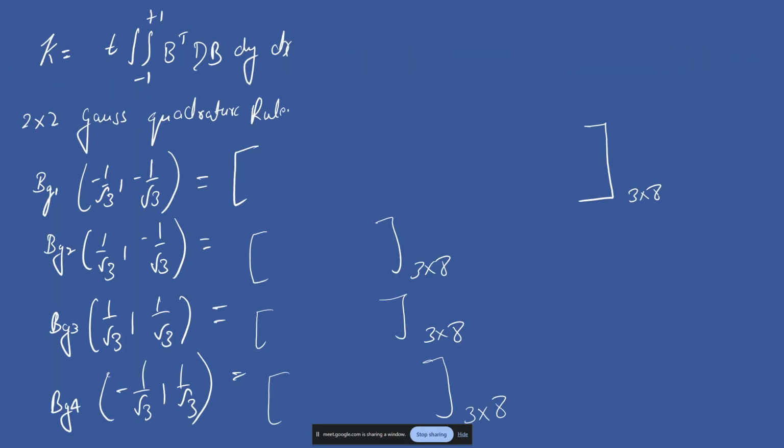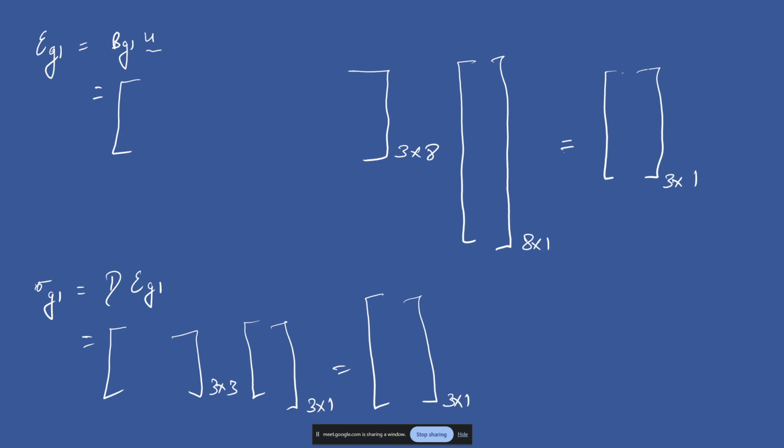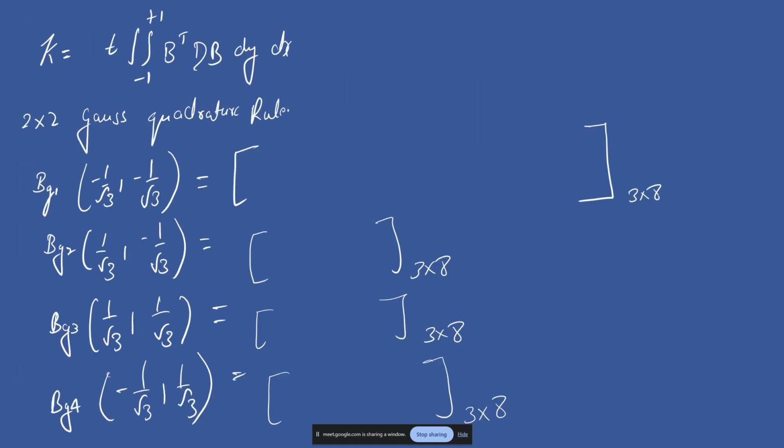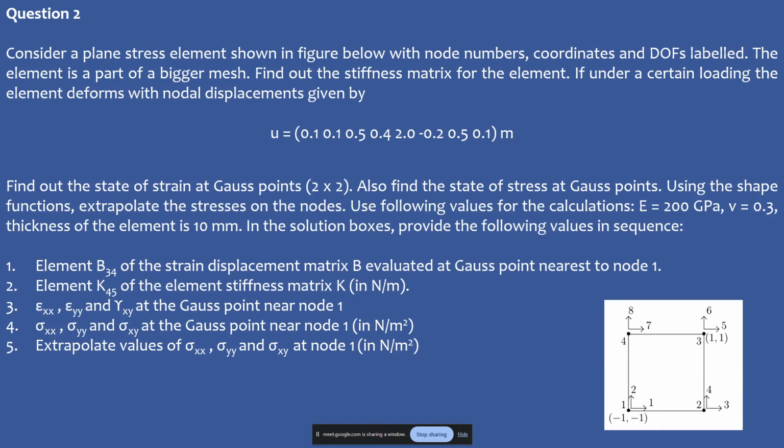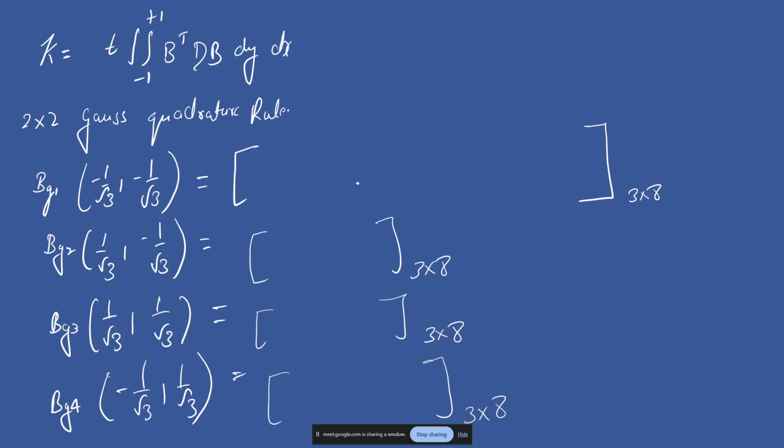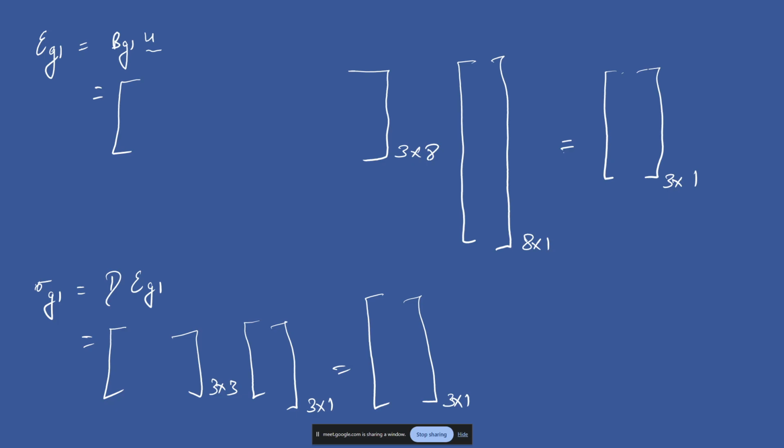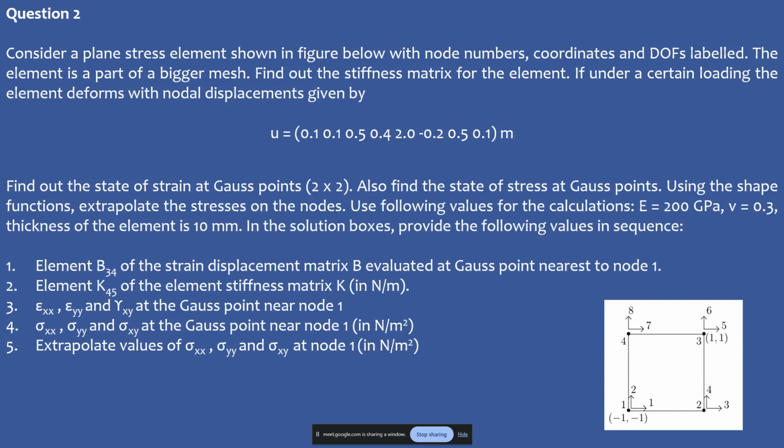So this is node 1, which you can calculate using Bg1, and you need to evaluate the third row, fourth term of the strain displacement matrix. Then the next question asks for k45 of the element stiffness matrix.